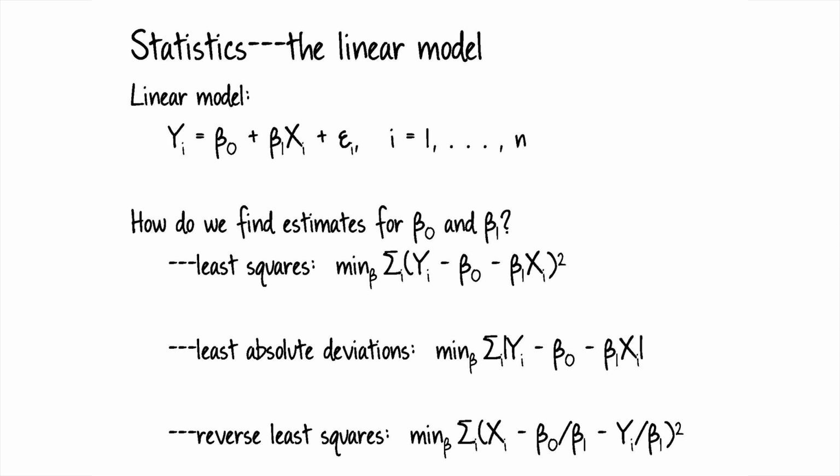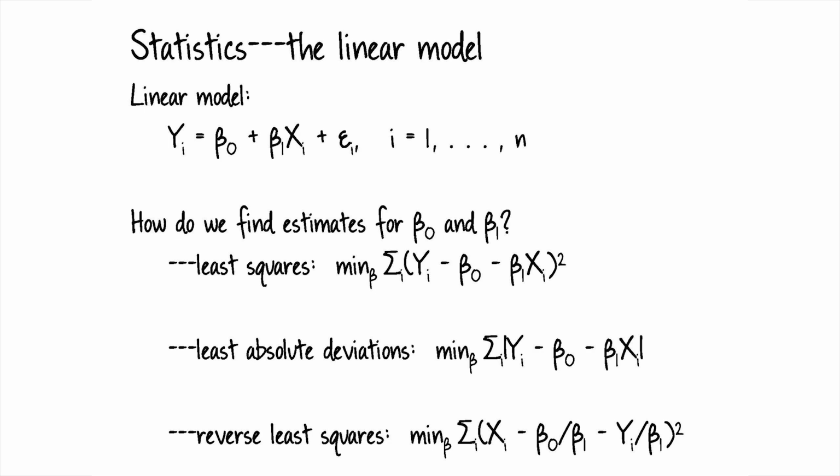In other words, the values of beta naught hat and beta 1 hat such that this expression here is minimized. Okay? And I'll show you pictures of what these look like in a second. Each one of these in the parenthesis is an error if beta naught and beta 1 are the true parameters; it's a residual if they're the estimates.